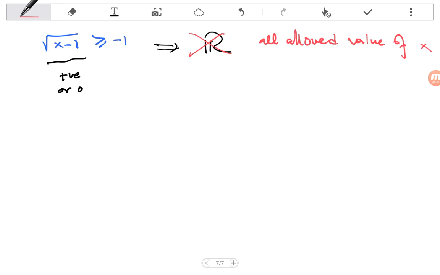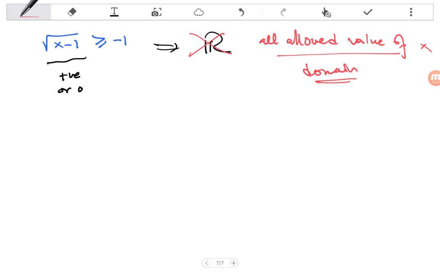What are all the allowed values of x? We have learned this as a term. If I have a set in which I collect all the values that are allowed for x, this is called the domain. What is the domain of a function? The domain of a function is the set of all allowed values of x.